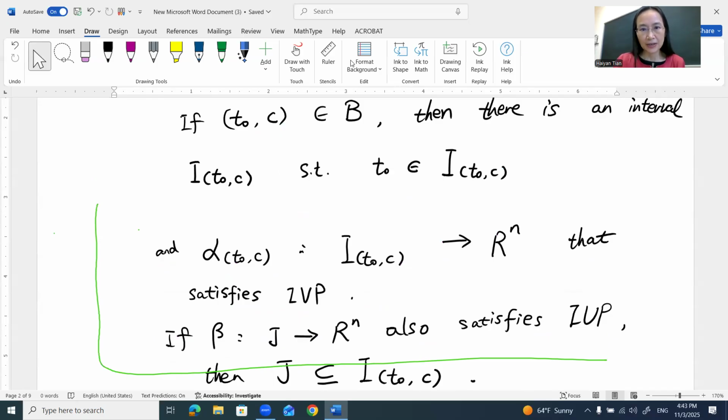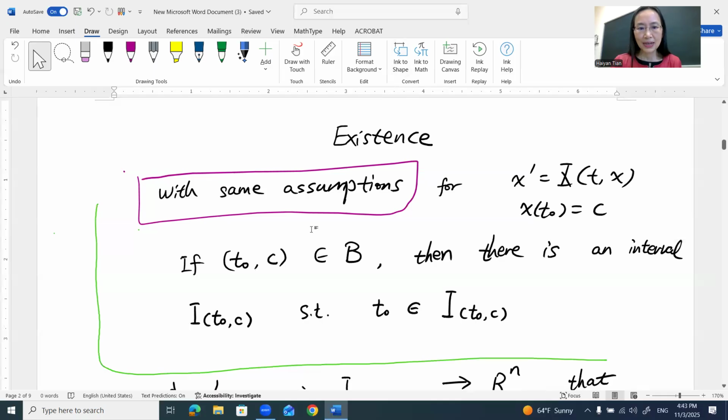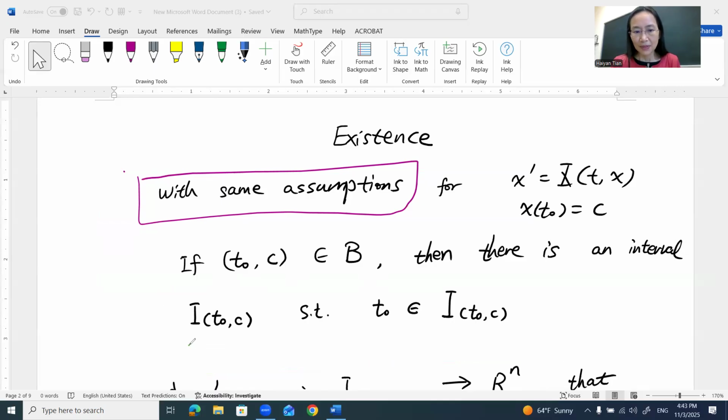So there exists an interval, this time interval, denoted by I, still the I, and this time interval should contain the initial time t0, because at this initial time t0 we have data given.